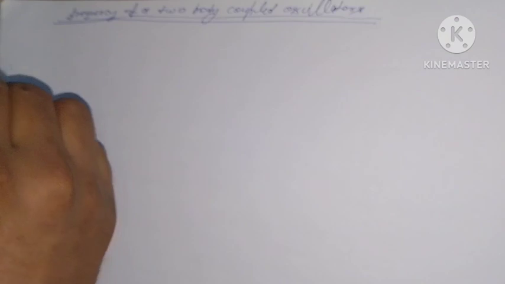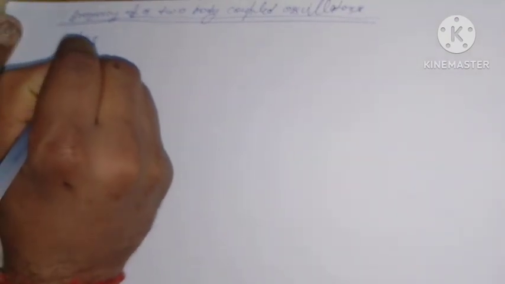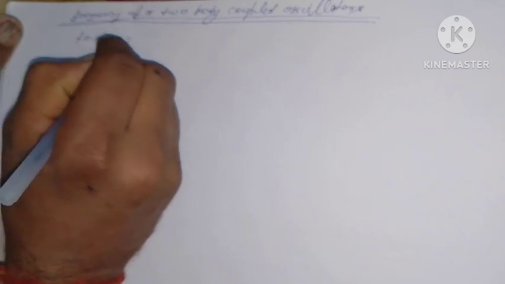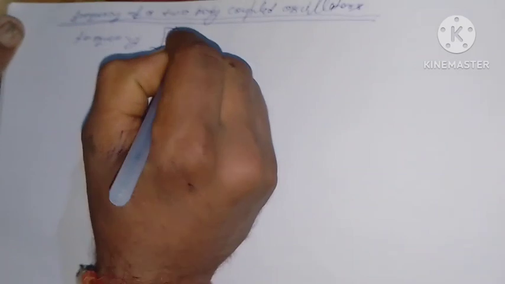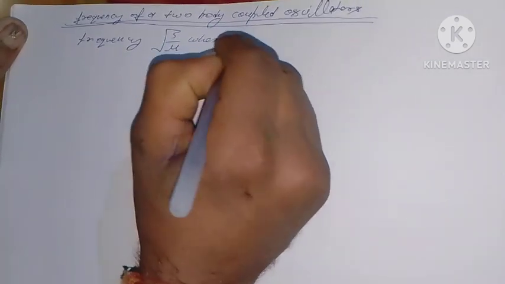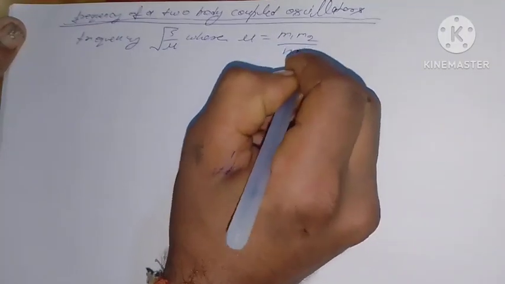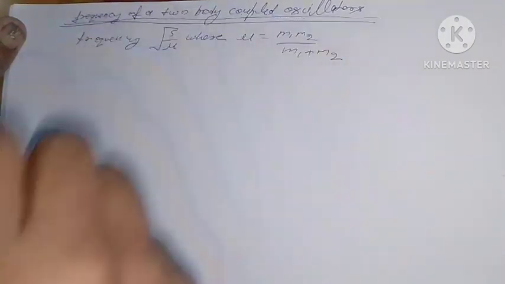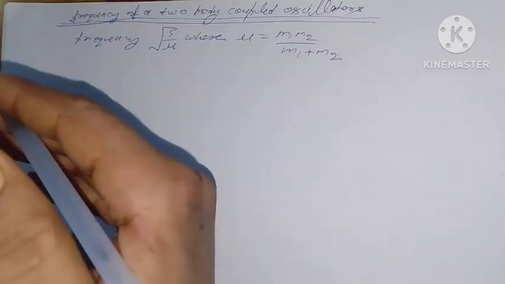The system will oscillate with frequency ω = √(s/μ), where μ = m1m2/(m1 + m2). The proof of this function was covered in previous lectures.